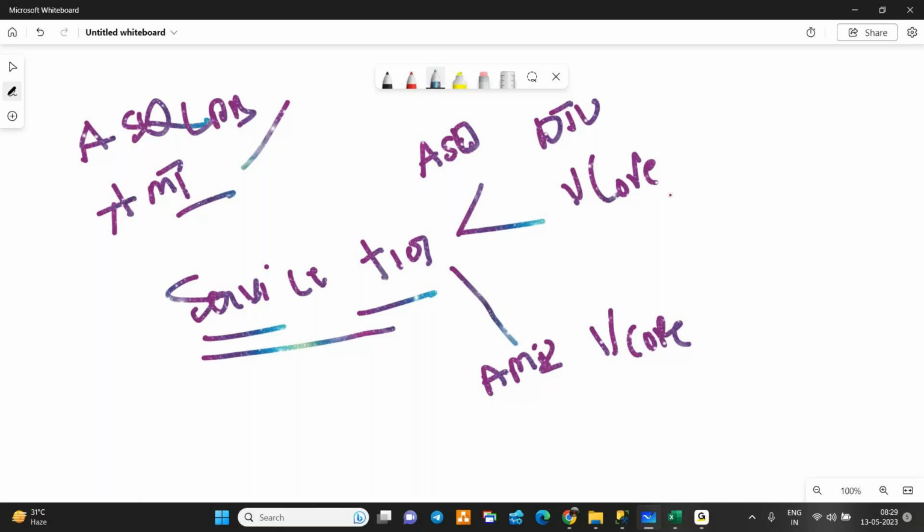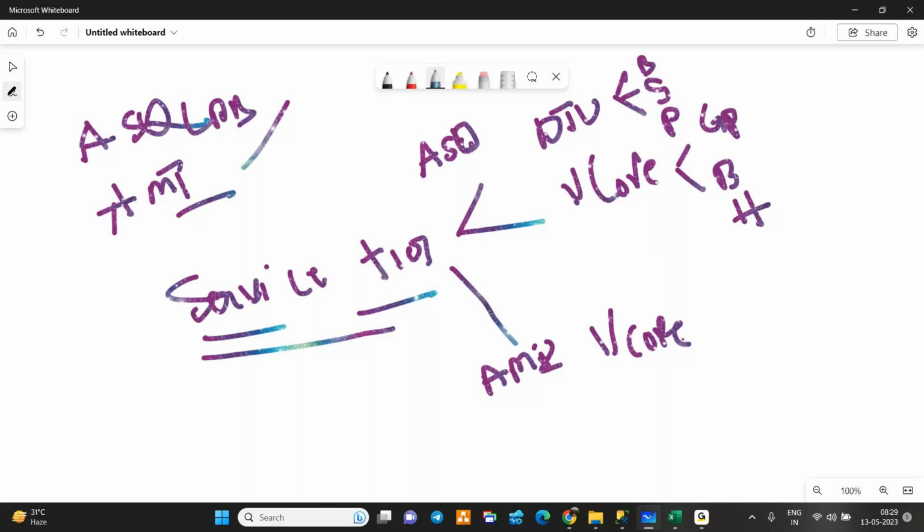In DTU, we have three tiers: basic, standard, and premium. In vCore, we have general purpose, business critical, and hyperscale.